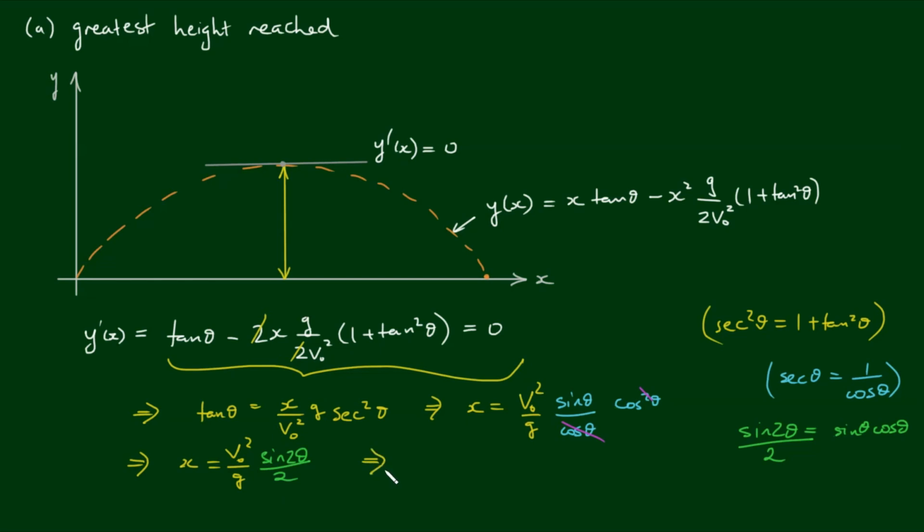So finally, the x-coordinate where the trajectory has a 0 slope is equal to v0 squared on 2g by the sine of twice the launch angle. So this point here, which I shall call x mid, x at mid-flight, is equal to the initial velocity squared over 2g by the sine of 2 theta.